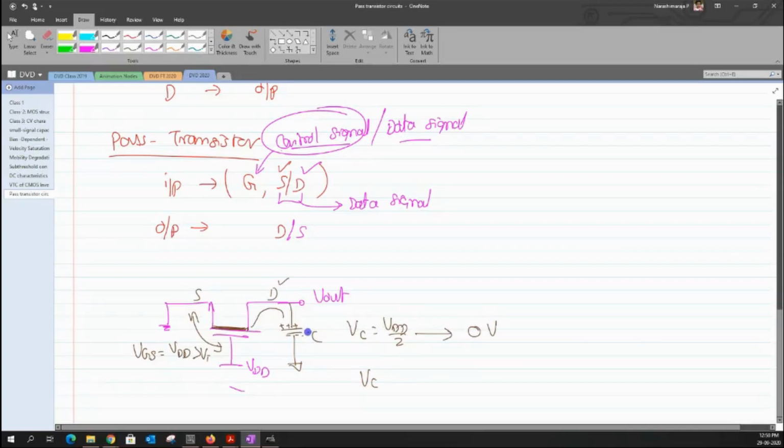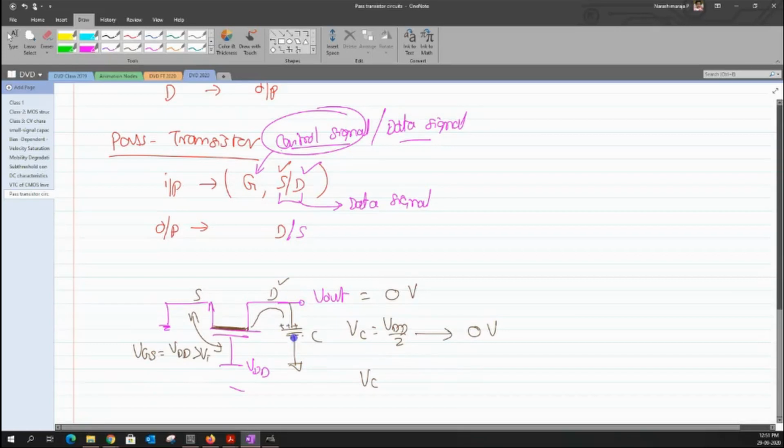So what I could see is that in this case, at steady state, our output will be driven to logic value 0. Assuming any positive voltage across this capacitor, whatever voltage I had before, the moment the channel gets turned on by a VGS greater than VT, you can discharge all of the charges stored on the capacitor through this path, through the channel towards the source.